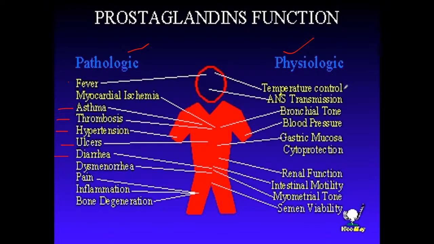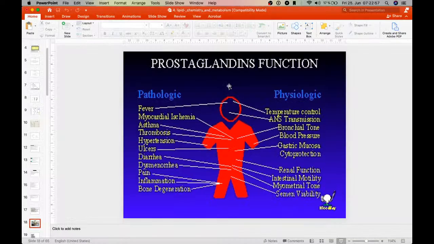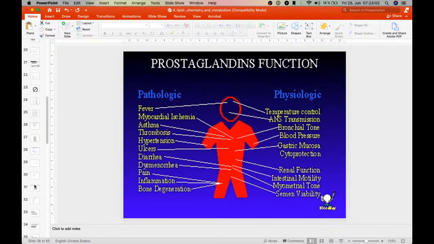And physiological: temperature control, ANS transmission, bronchial tone, blood pressure, and so on. I just wanted to attach something related to lipids here. I don't want to go into details in this part. This much is enough for us.